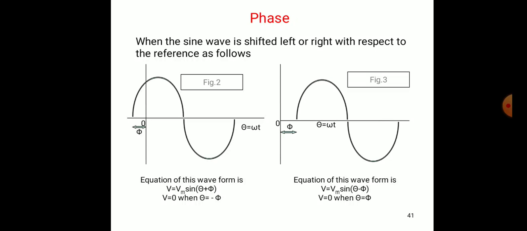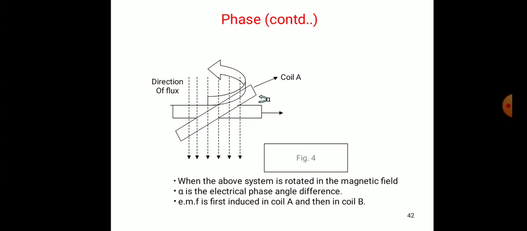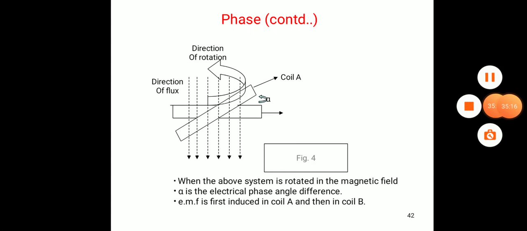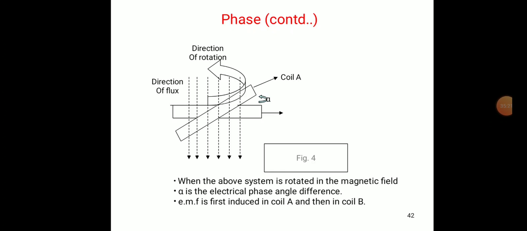You see the representation is there. It goes to the left side, theta plus pi. It goes to the right side, theta minus pi. You can see the direction of flux and the coil. When the above system is rotated in the magnetic field, alpha is the electrical phase angle difference.